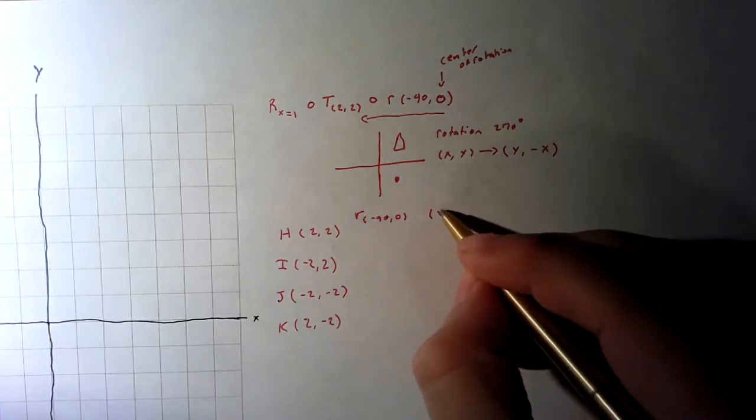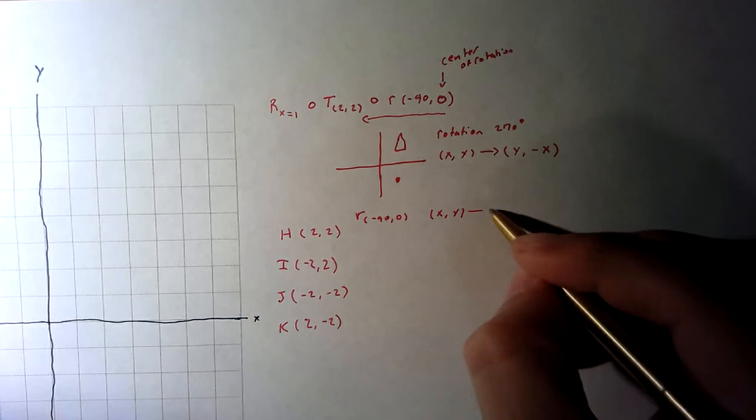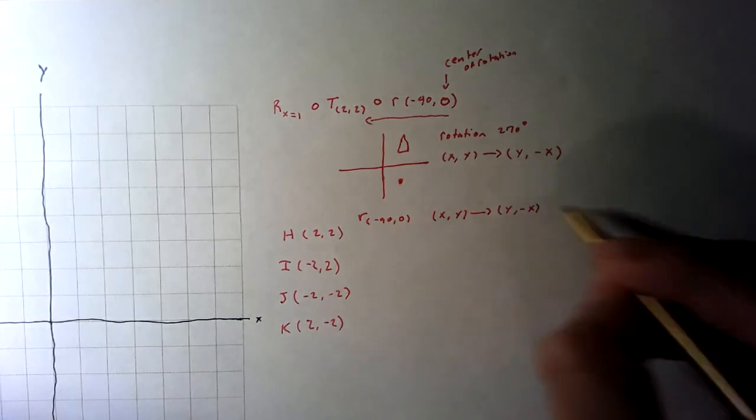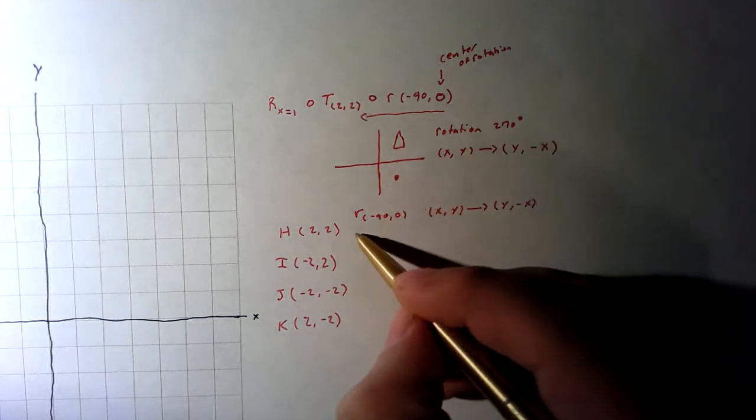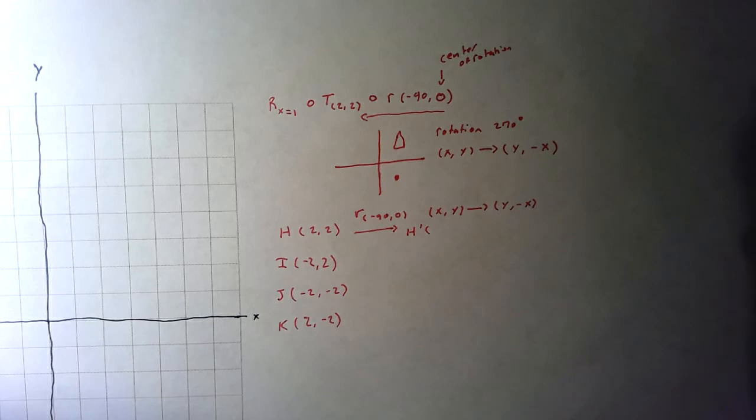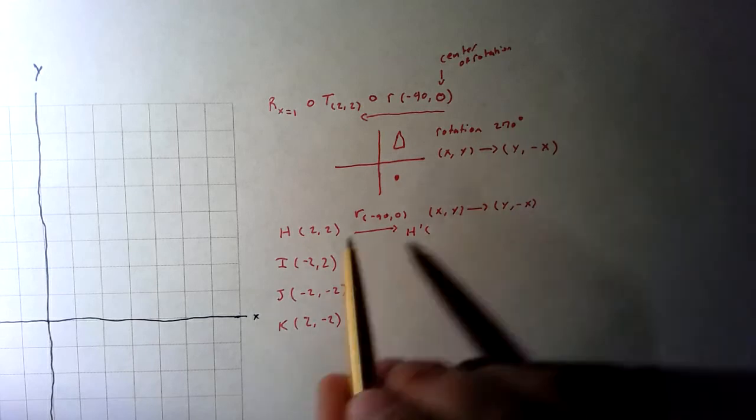What's our little formula? It's x, y goes to y, negative x. We're going to apply this formula to all of the points.